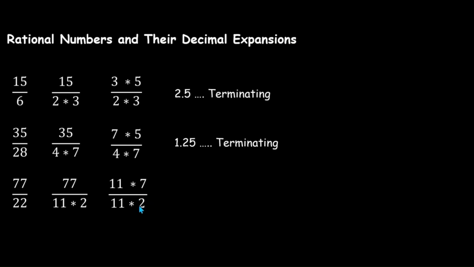And 2 we know can terminate the decimal expansion. And if we actually do the division of 77 with 22, or rather 7 with 2, we get 3.5, and the decimal expansion terminates as the remainder becomes 0 and the division stops.